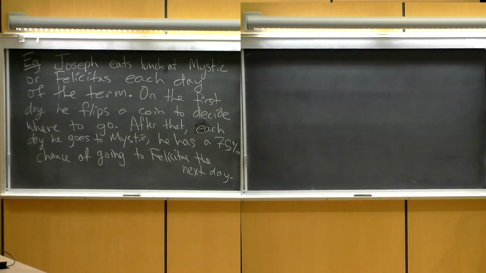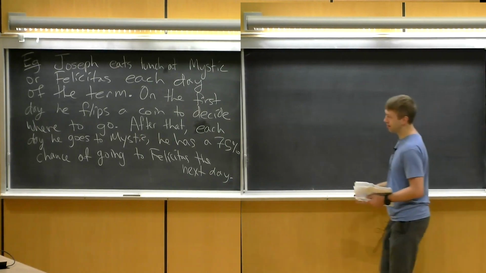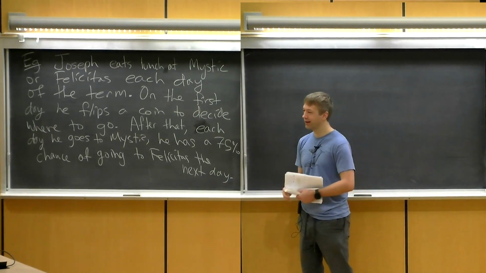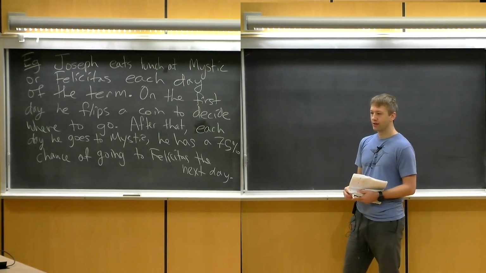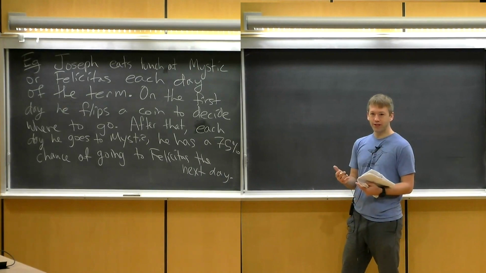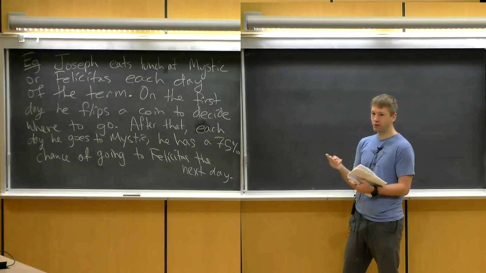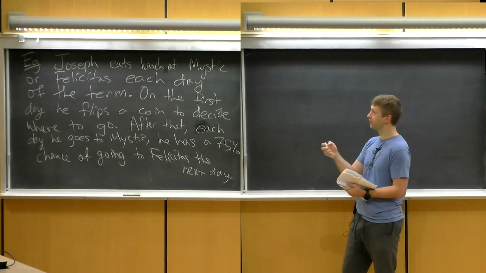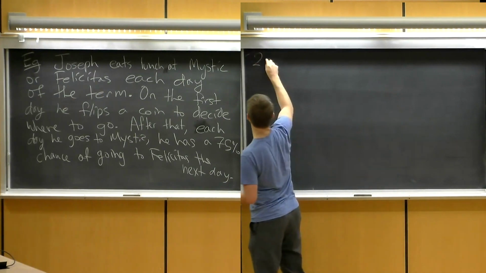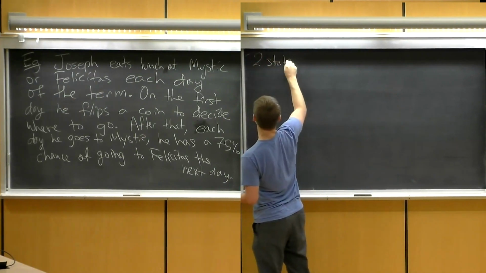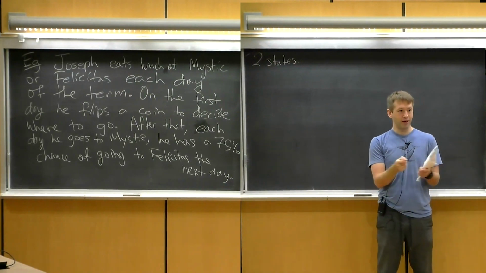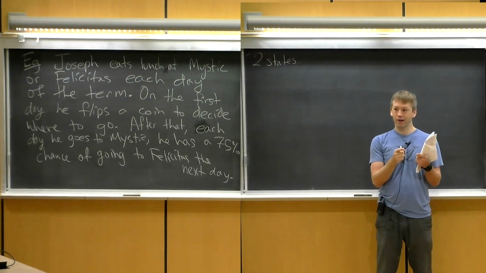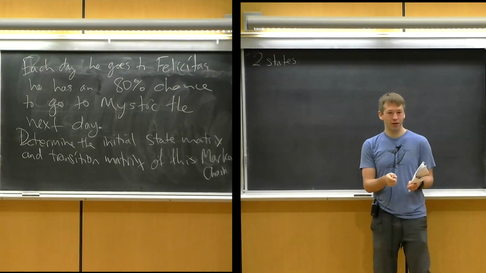Even for a fairly simple question, these get quite long. Hopefully it's clear that this is going to be a two-state Markov chain, and the two states just represent the two different places where he might have lunch.